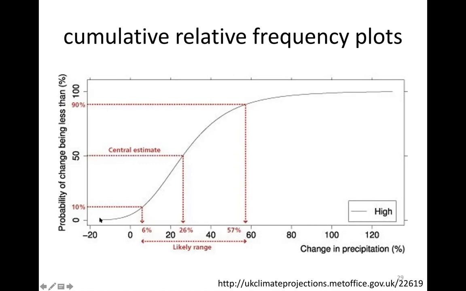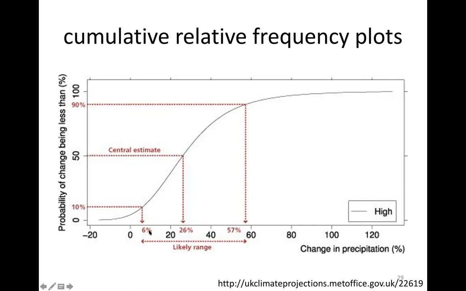So we can see that the values start from something like -15, and then about 10%, here what we can see is 10% of the values have a value of 6% or lower. 6% is the change in precipitation.